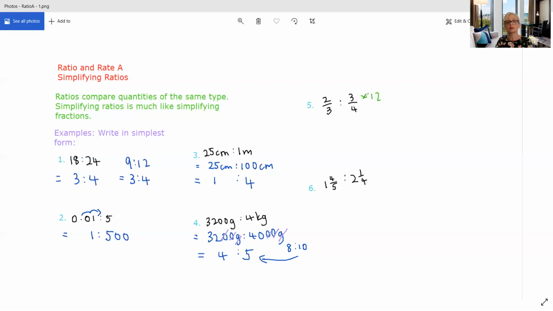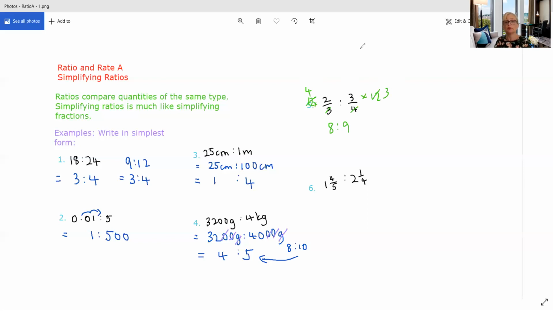So if I do that to both sides and then cancel, I'm left with 4 times 2 and 3 times 3, which is 8 is to 9. That's perfectly fine to do it that way. And in fact, if I had an equation involving fractions, I would tend to go that way, multiply every term by the lowest common denominator.